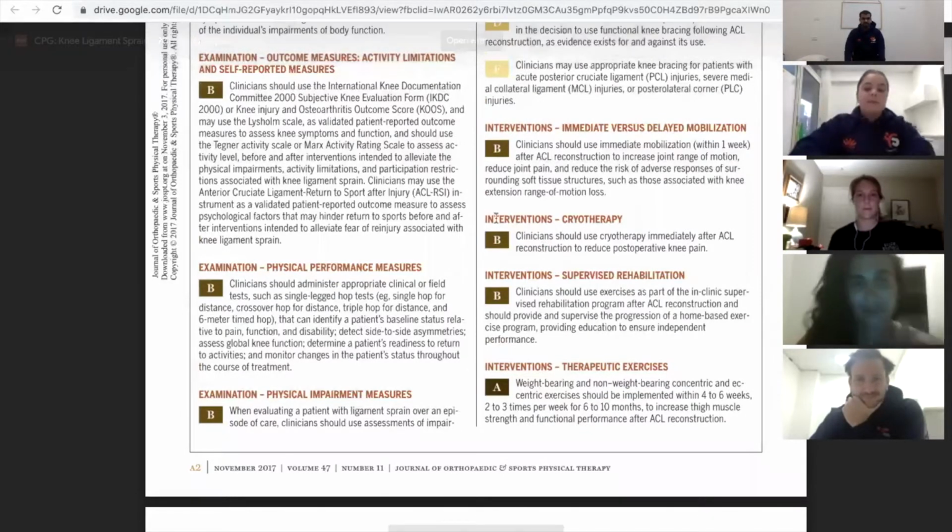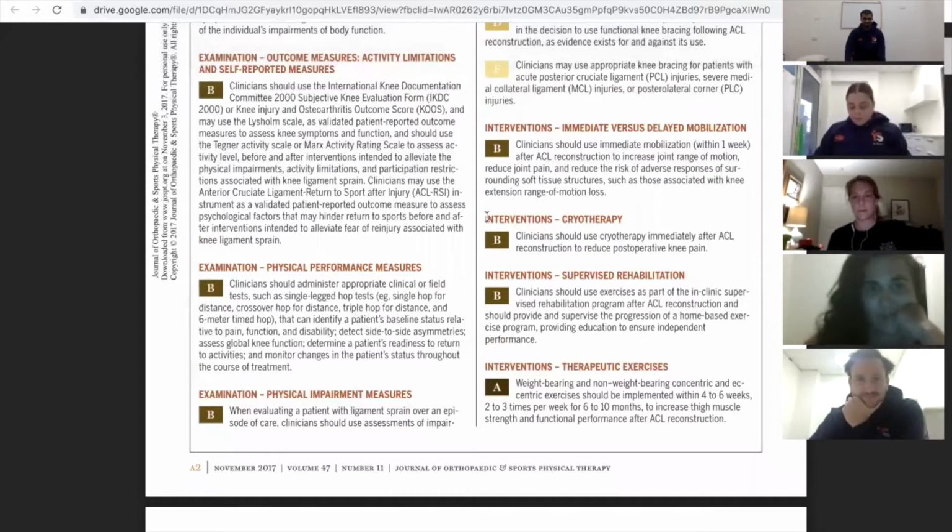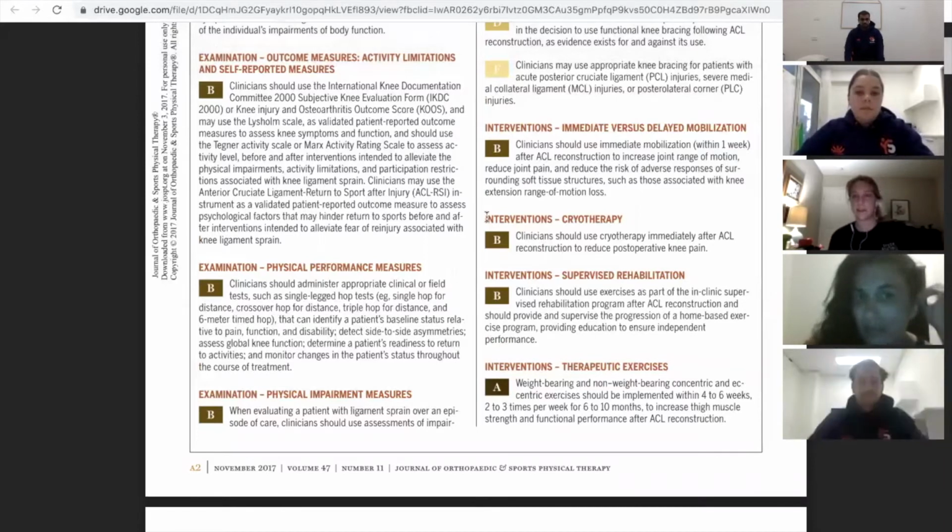Avi, what are your thoughts about the impairment measures and ACL end of stage rehab, I guess? I think they're pretty important to do. I know there's a ton of different ones you can do, and I think it's important to be sport specific as much as you can, but I'm not really sure there's a whole lot of research on it.